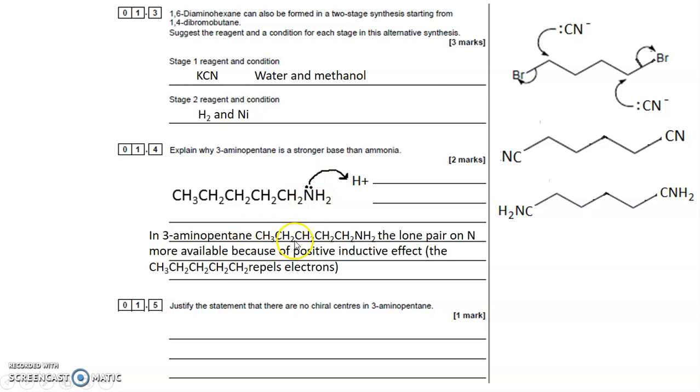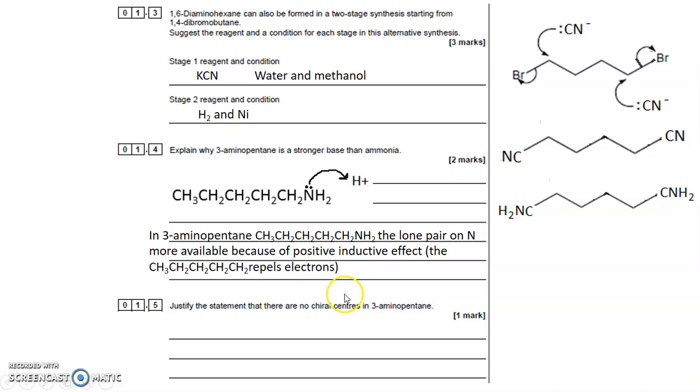It's more available than in ammonia because of something called a positive inductive effect. That's where this carbon chain repels electrons away from itself. Just like a methyl group, this chain will repel electrons away from it and increase the availability of the lone pair of electrons, so that this NH2 group, this amine group, can then act as a base and accept H+.